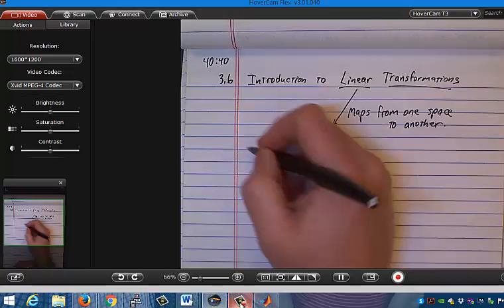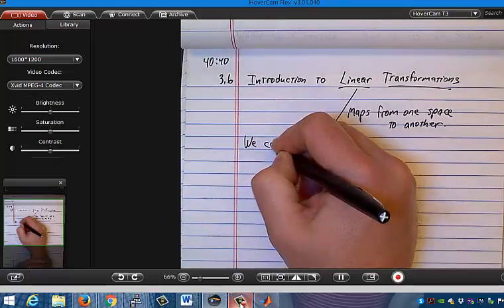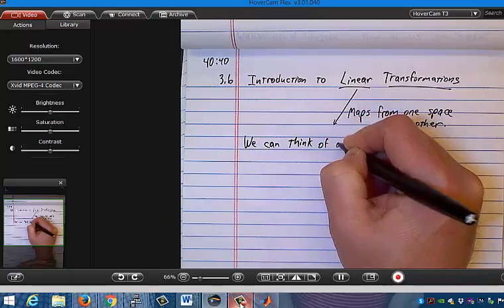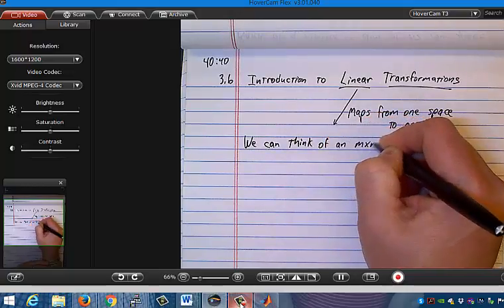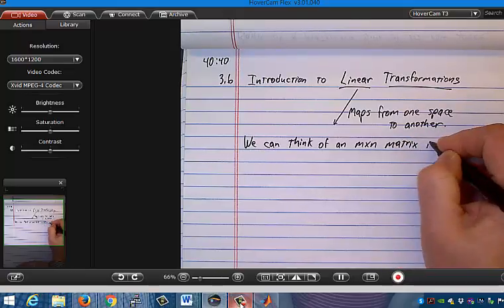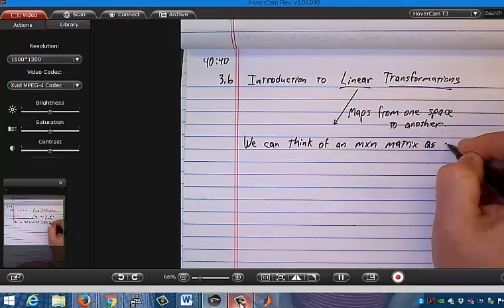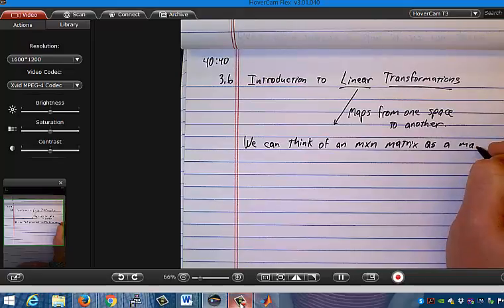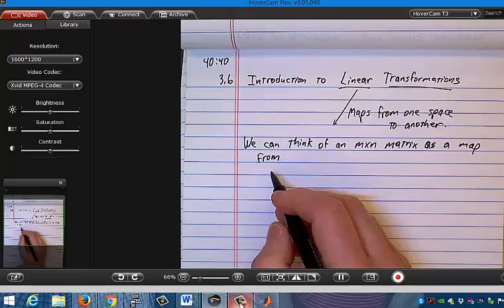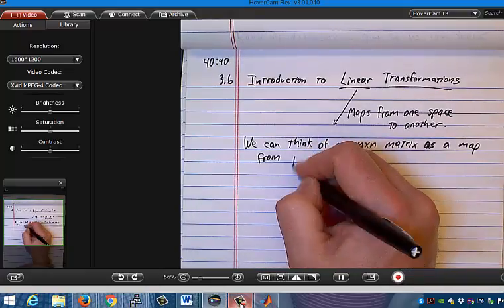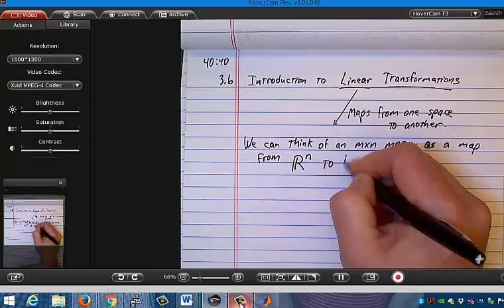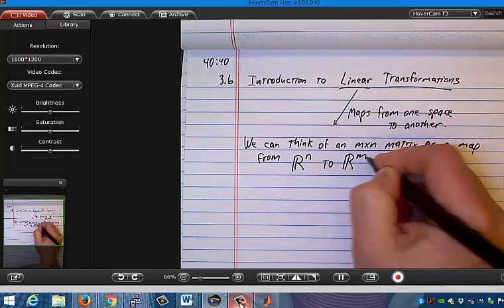And here's kind of the idea. We can think of an M by N matrix as a map from Rn to Rm.